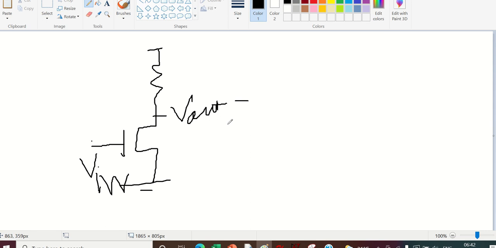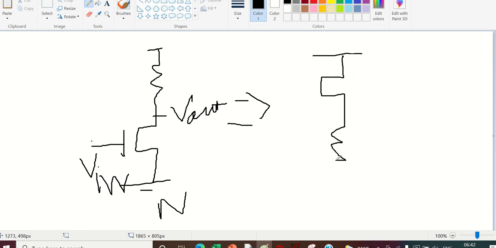Now this is NMOS. If I want to do PMOS, it is exactly the same, but this will go up and this will come down, with V in and V out.